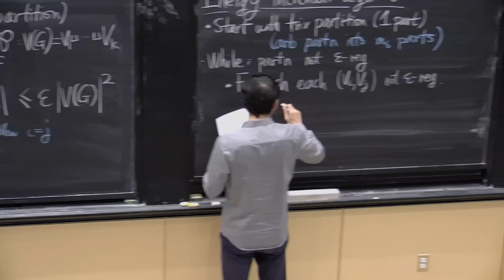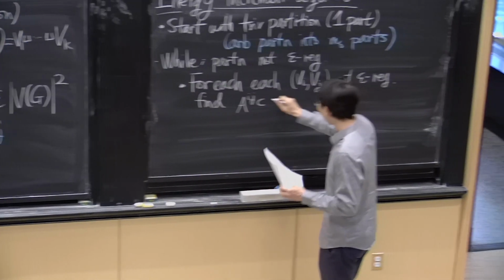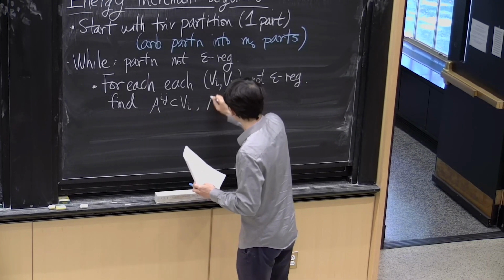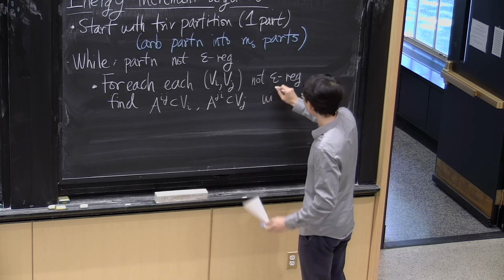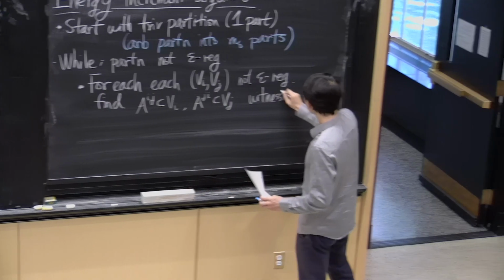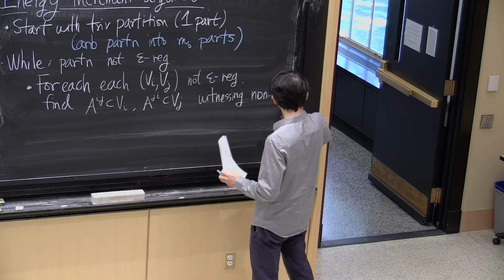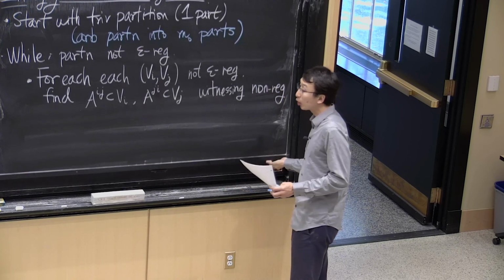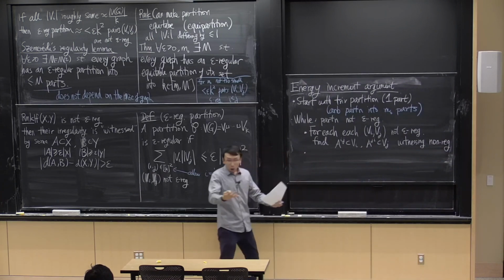Well, if they're not epsilon regular, then I can find a pair of subsets, which I denote by the A's, that witnesses this non-regularity. Right? So that witnesses the irregularity. And we start with some partition.